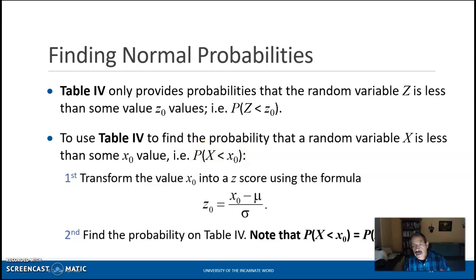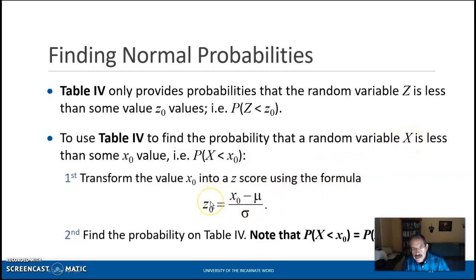When that happens, we have to do a two-step process to obtain the probability. First, we transform the x sub 0 number, given to us in the problem, into a z-score using the mean and the standard deviation of the distribution of x.